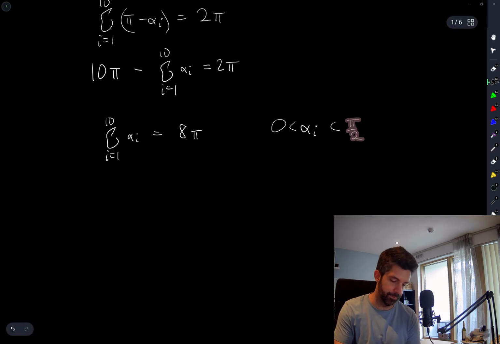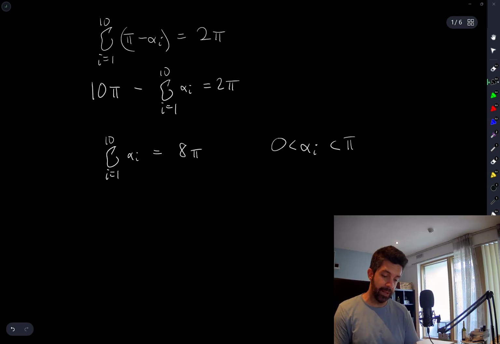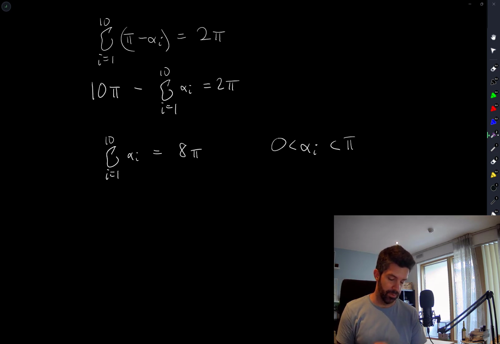But I want to ask myself, how many can be less than pi over 2? All the angles are between 0 and pi, but the ones that are less than pi over 2 are the ones that are acute.